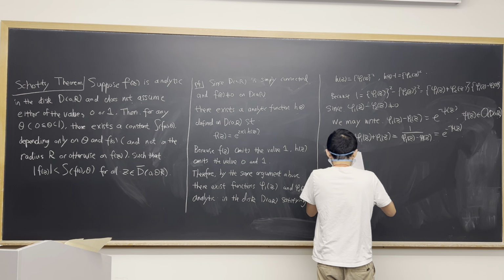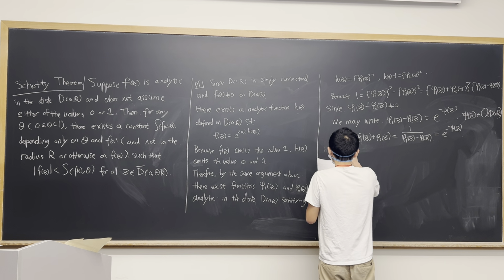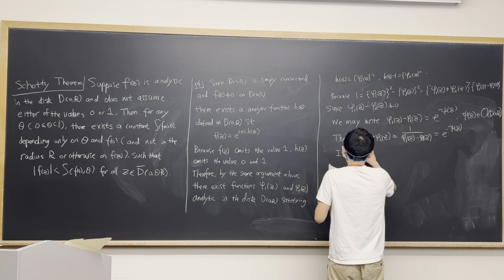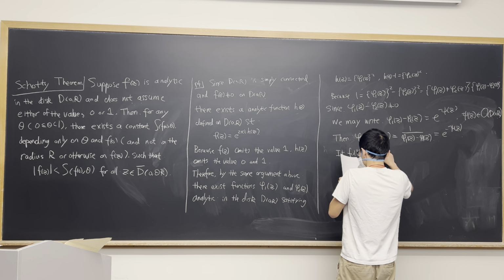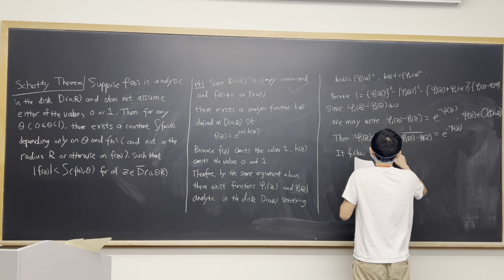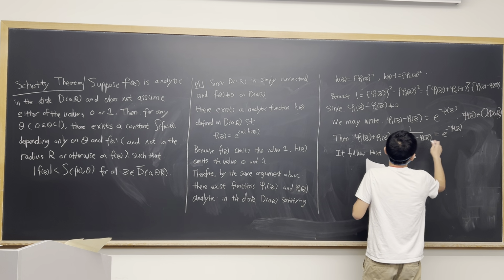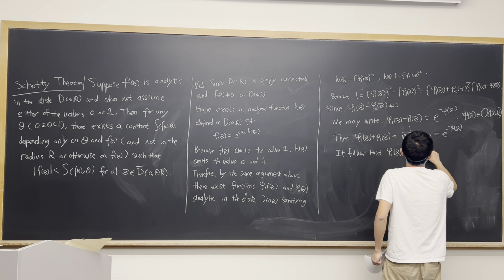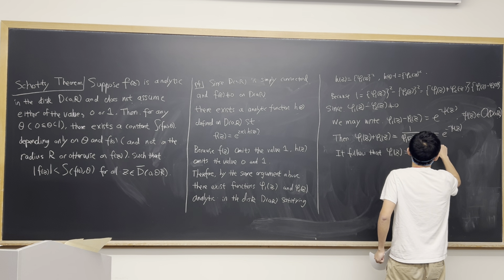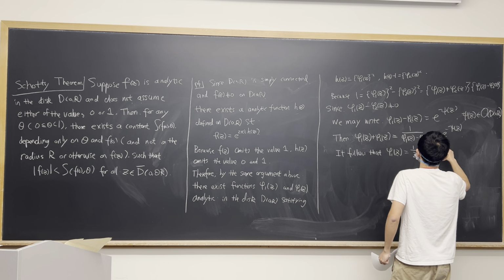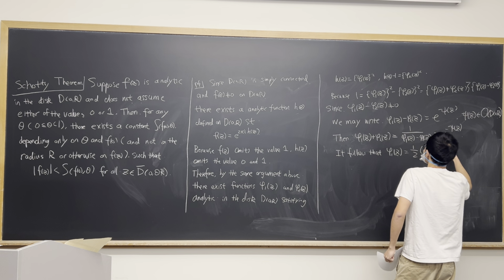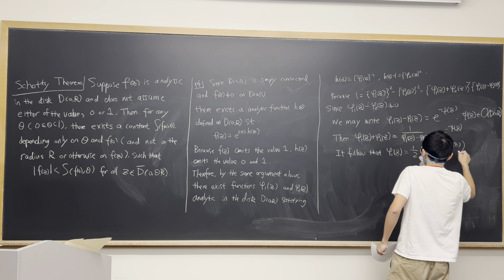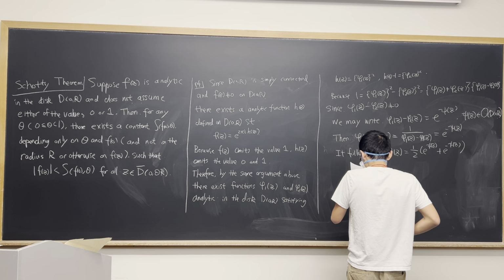So it follows that this phi1z is equal to, I think, 1/2 e to the phi z plus, because they cancel out, e to the negative phi z.